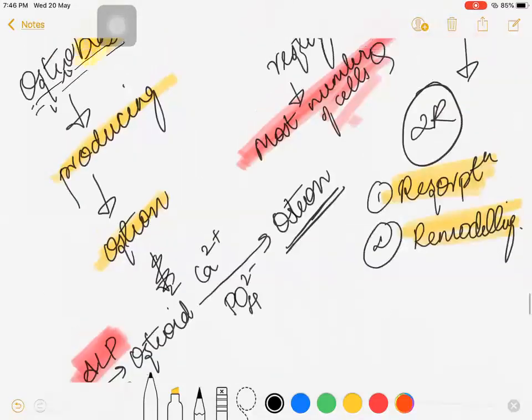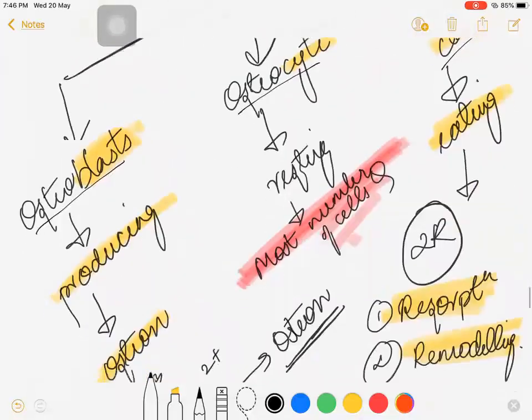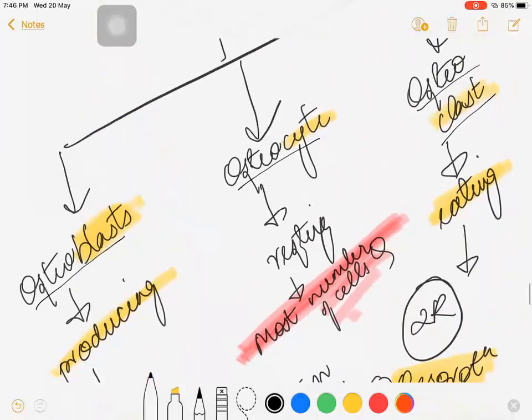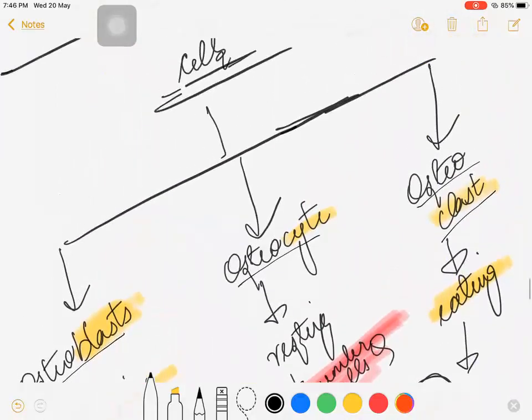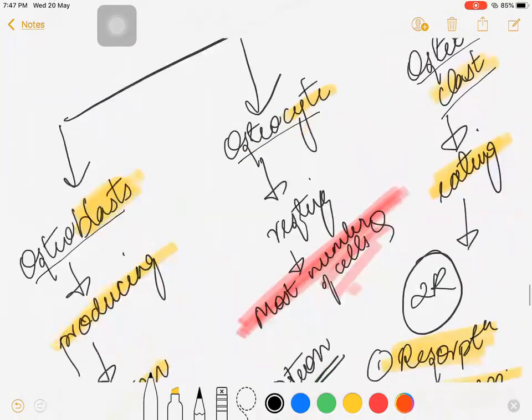And what are the different types of MCQs that can be asked here? They can ask what cells are most abundantly present in bones. Since we think osteoblasts are bone producing cells, it'll be our tendency to mark osteoblasts. But the answer would be osteocytes.